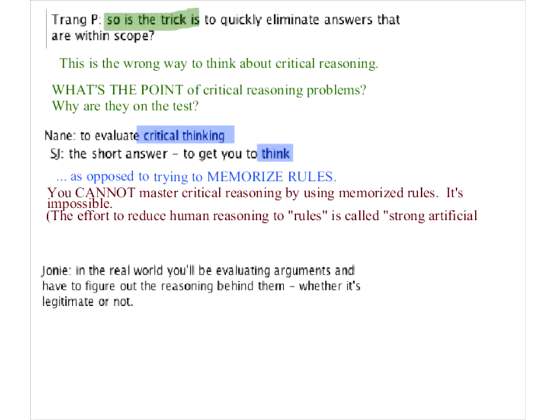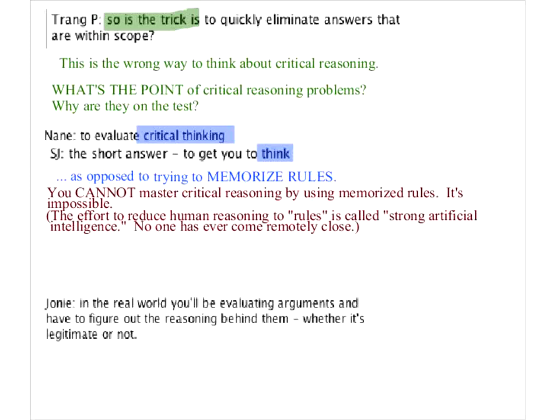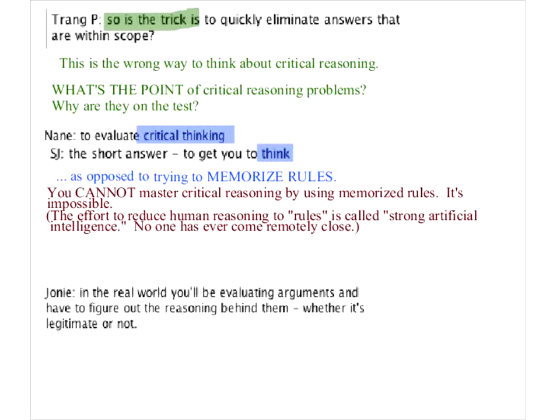So if any of you are approaching this by trying to memorize a bunch of rules, then whether you realize it or not, you are trying to invent artificial intelligence by yourself. That's ambitious, but it's not going to happen. It's impossible.